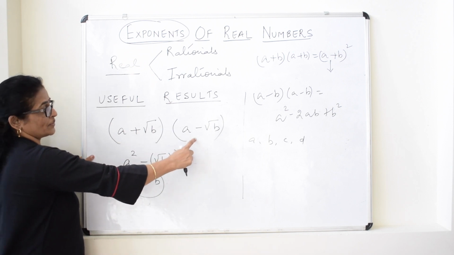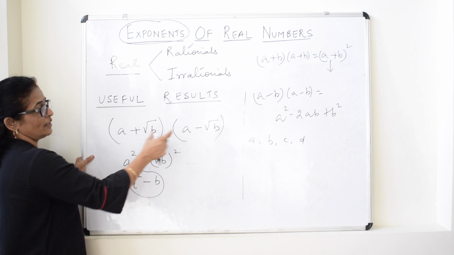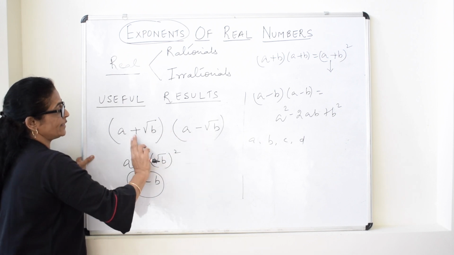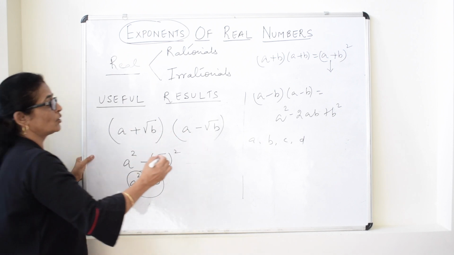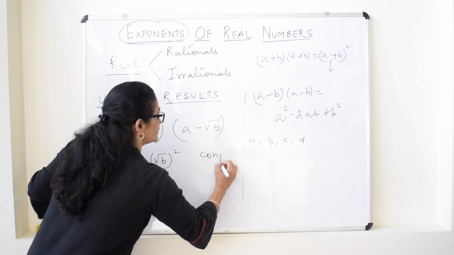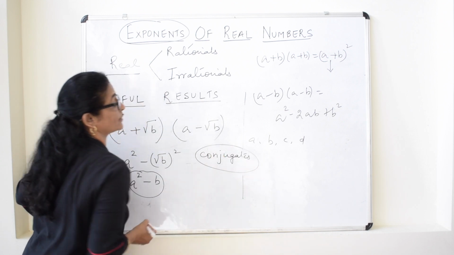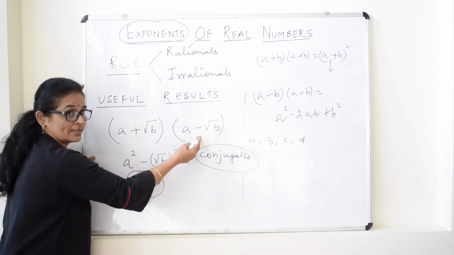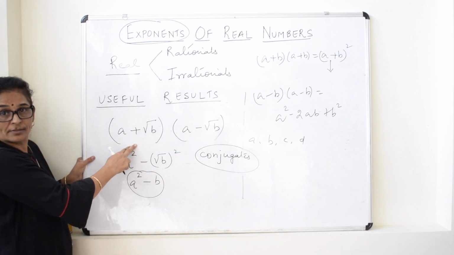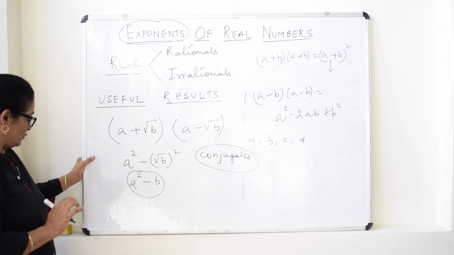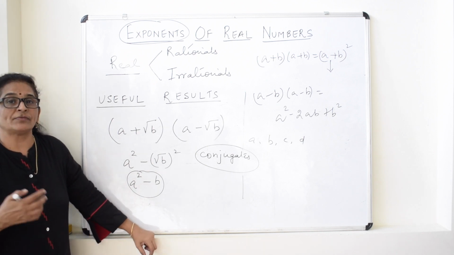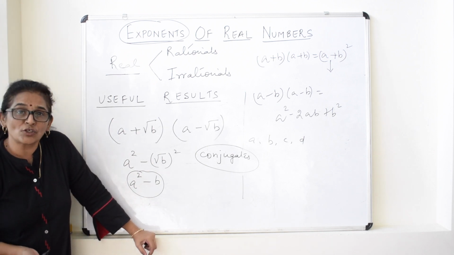And these two terms like A + root B into A − root B, these two are called conjugates of each other. Means this is conjugate of this and this is conjugate of this. Clear? So this we will be using in the next concept which we will be doing later, that is rationalization.